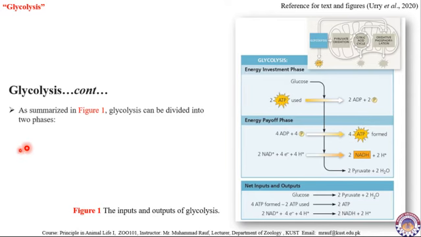As summarized in figure 1, glycolysis can be divided into two phases: the energy investment phase, where the cell uses its ATP, and the energy payoff phase, where the process produces ATP molecules.